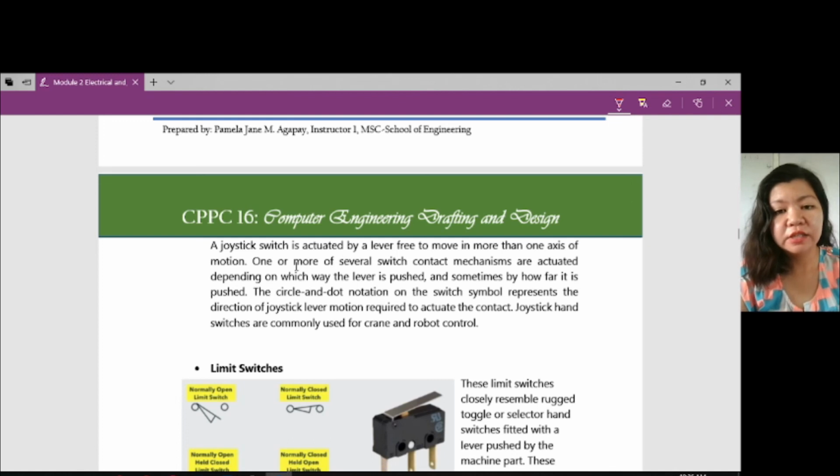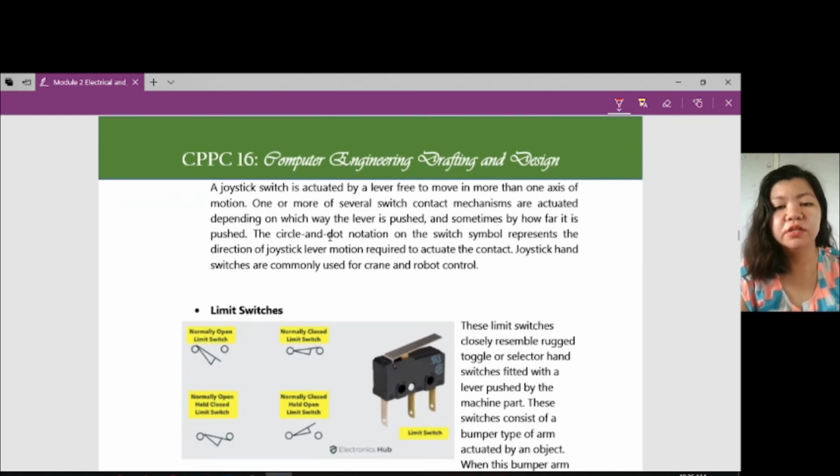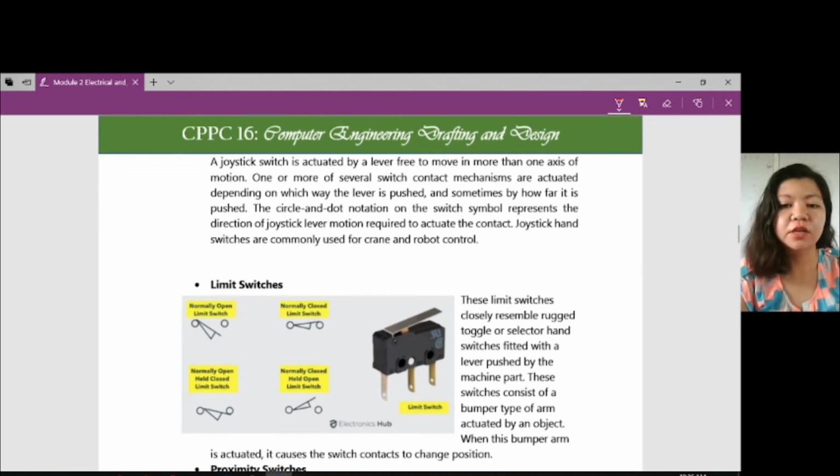So it has one or more of several switch contact mechanisms and are actuated depending on which way the lever is pushed. Sometimes by how far it is pushed, dun siya nag-trigger ng kanyang on and off status. So the circle and dot notion on the switch symbol represents the direction of the joystick lever motion required to actuate the contact. So joystick hand switches are commonly used for crane and robot control.